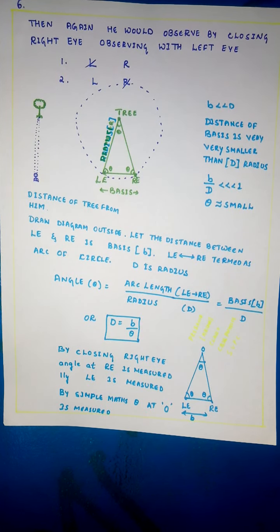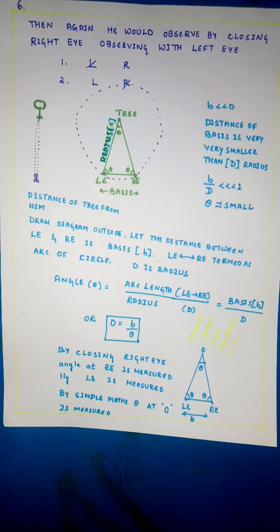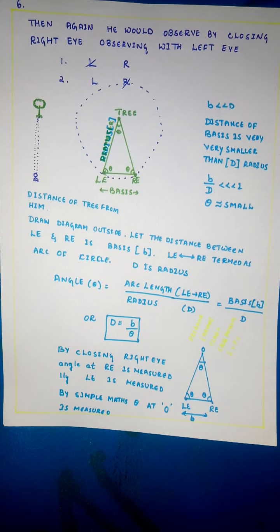The distance between the right eye and left eye positions is very small, so the ratio B by D is very small and theta is very small. This gives the distance of the tree from him.